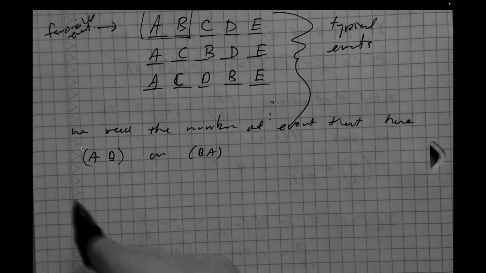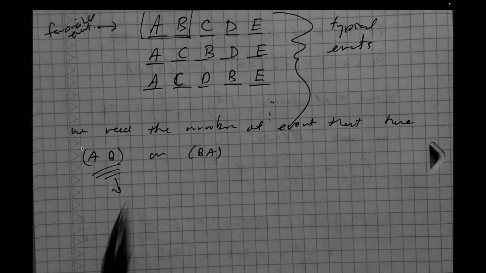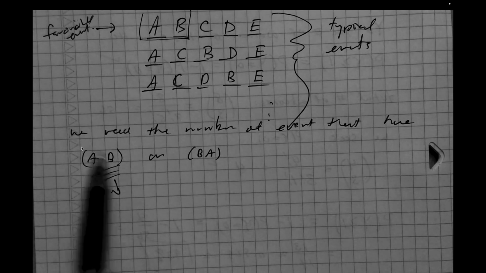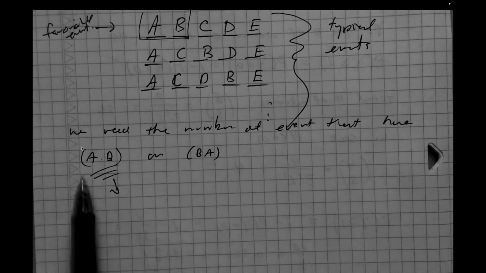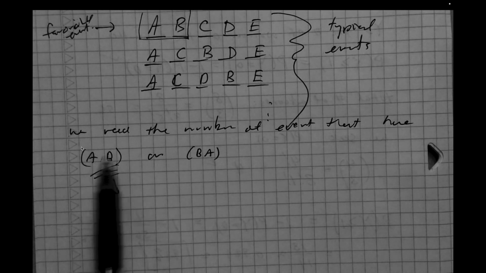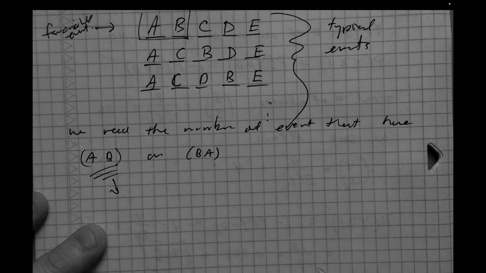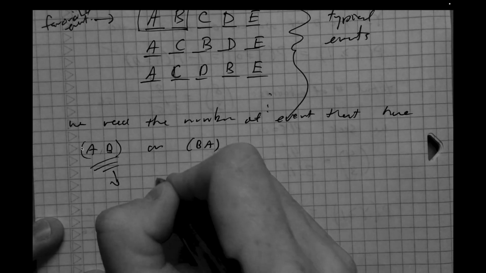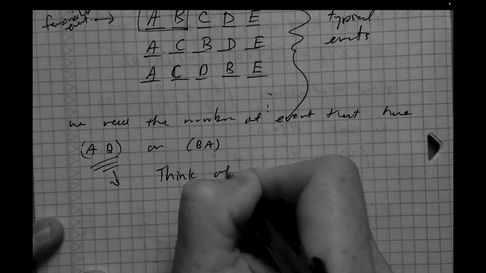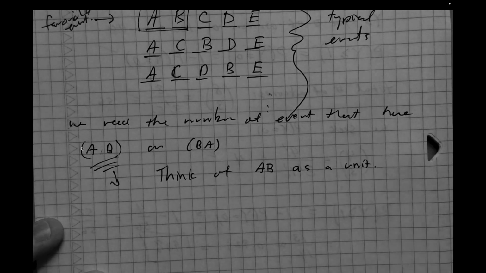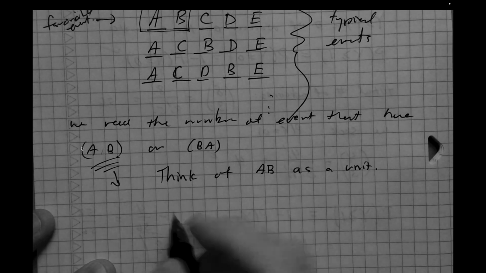Okay, so let's just take this one first, and whatever we get over here, we can just double it, because every event like this can really be written like this also. So let's just think of the AB style events. We can think of AB as a unit. What do I mean by that?